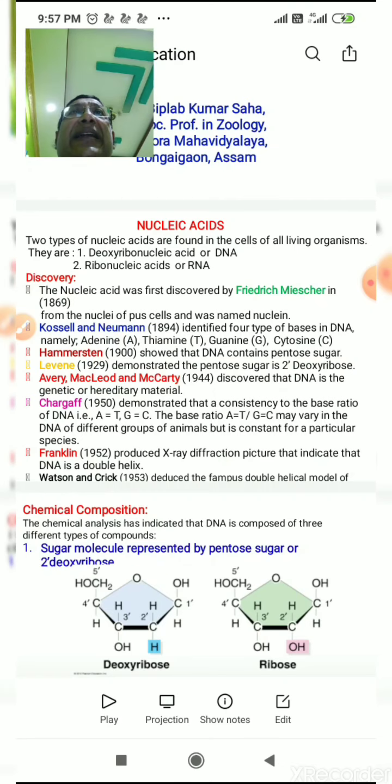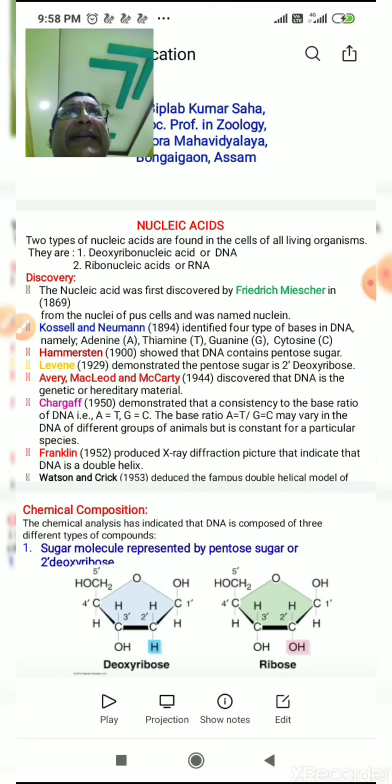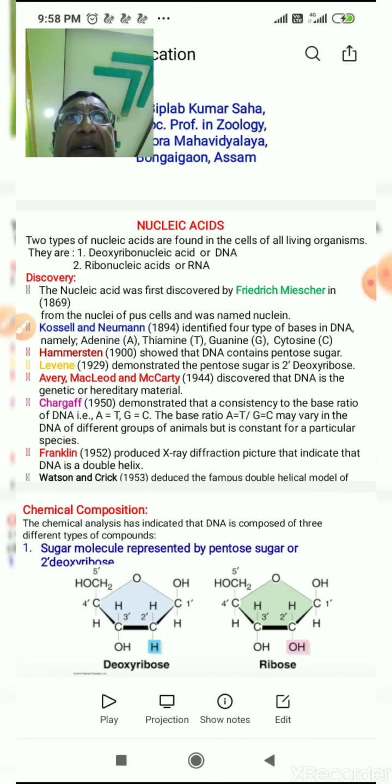Hammarsten in 1900 showed that DNA contains pentose sugar. Levene in 1929 demonstrated the pentose sugar is 2-deoxyribose. Next, Avery, MacLeod and McCarty in 1944 discovered that DNA is the genetic or hereditary material of all living organisms.